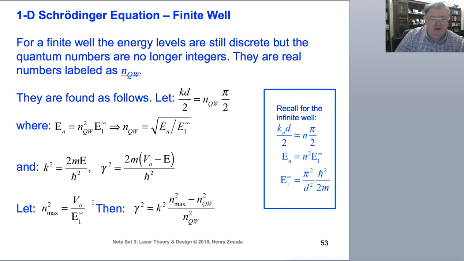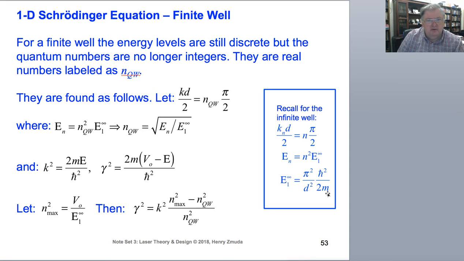This assumes something, by the way. Let me just make sure everybody is clear. It assumes we know E1 infinity, but we probably do. Again, how would we get E1 infinity? Well, we'd have to know the width of our well, which could be a design parameter. Indeed, it often is, because if you change the width of the well, you change the frequency at which the laser will laze. The mass would be the effective mass of the particle.